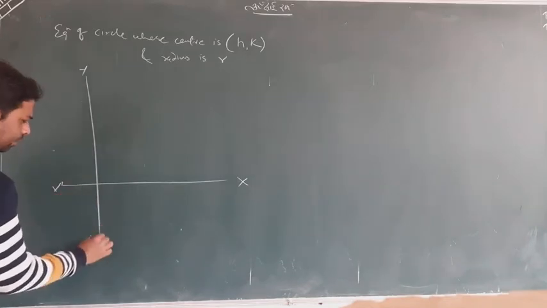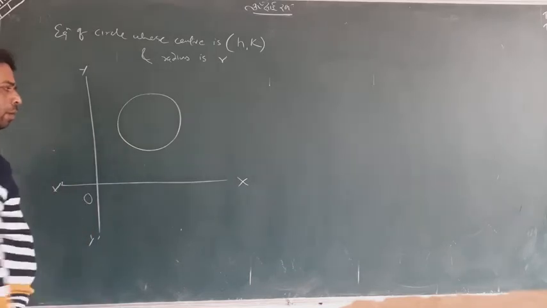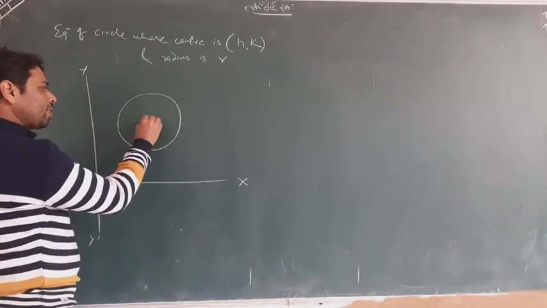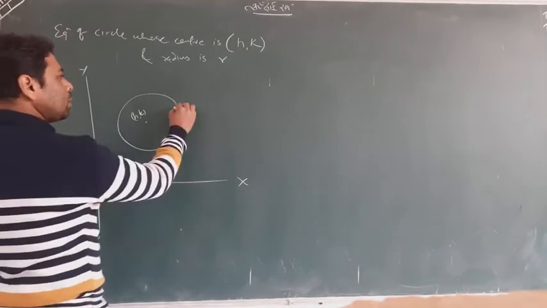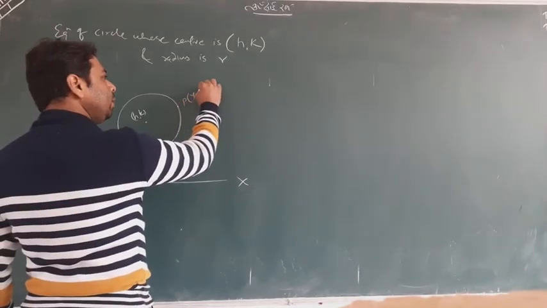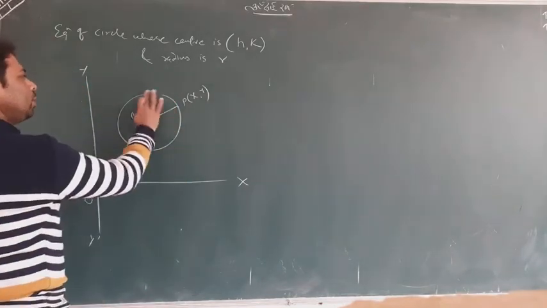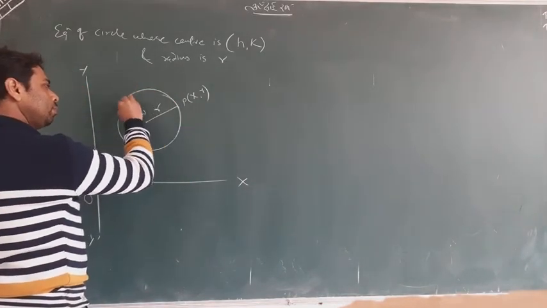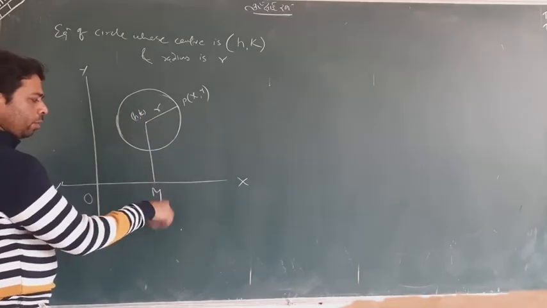Suppose this is a circle and this has center (h, k), and suppose this is a variable point P as usual. This distance is r, the radius. Now I draw the perpendicular.